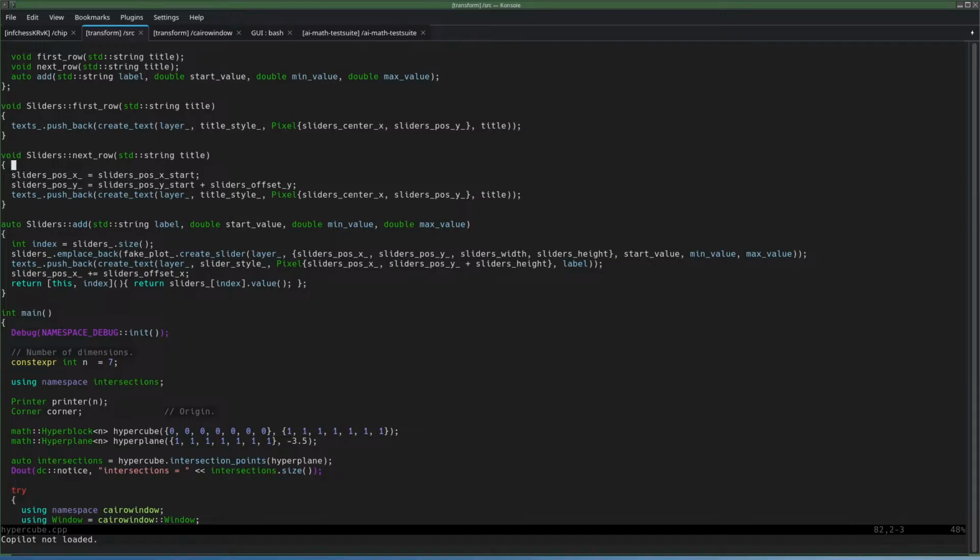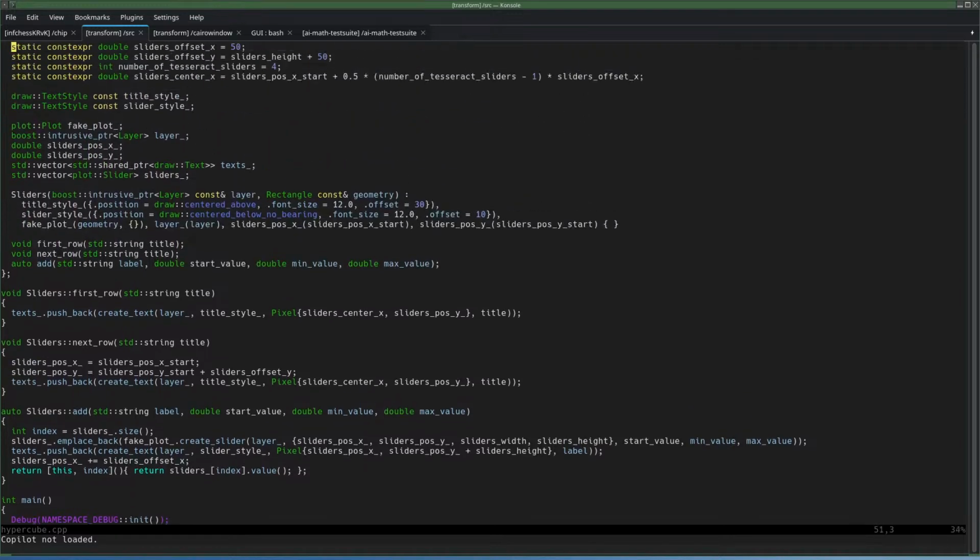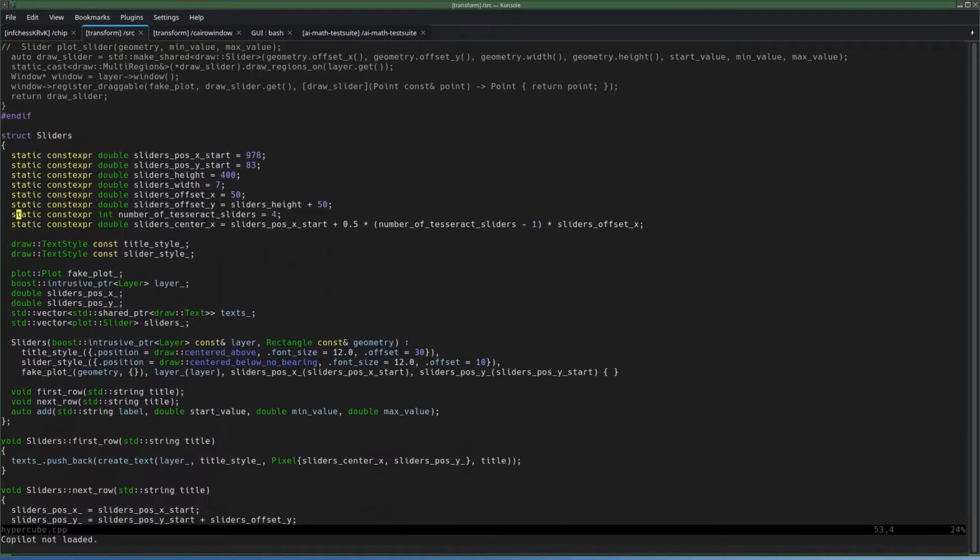Next row plus slide offset Y. Slide offset Y, slide height plus 50. It's not enough. Let's make it 70. Would that be too much? Let's make this 350.